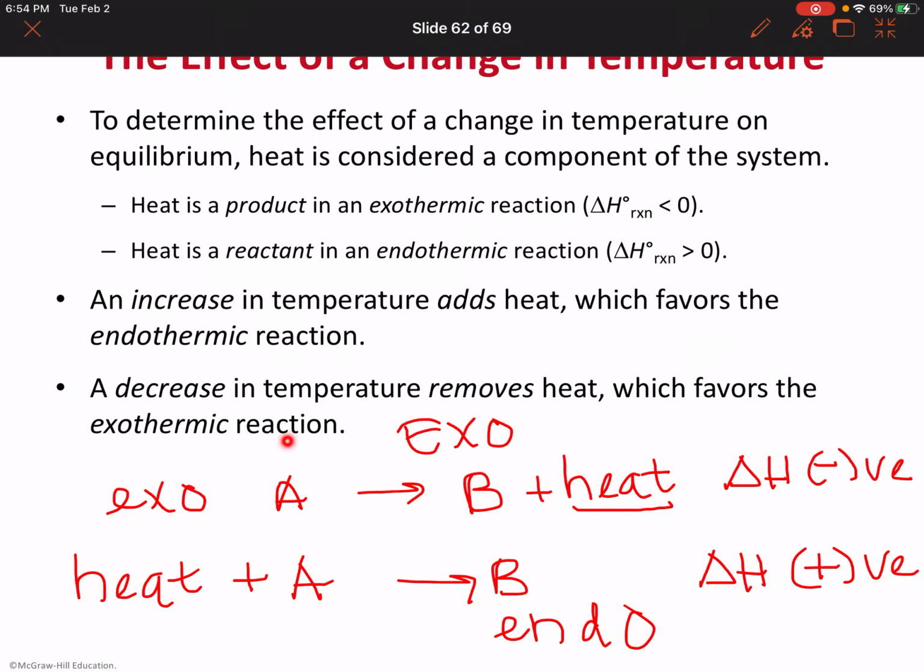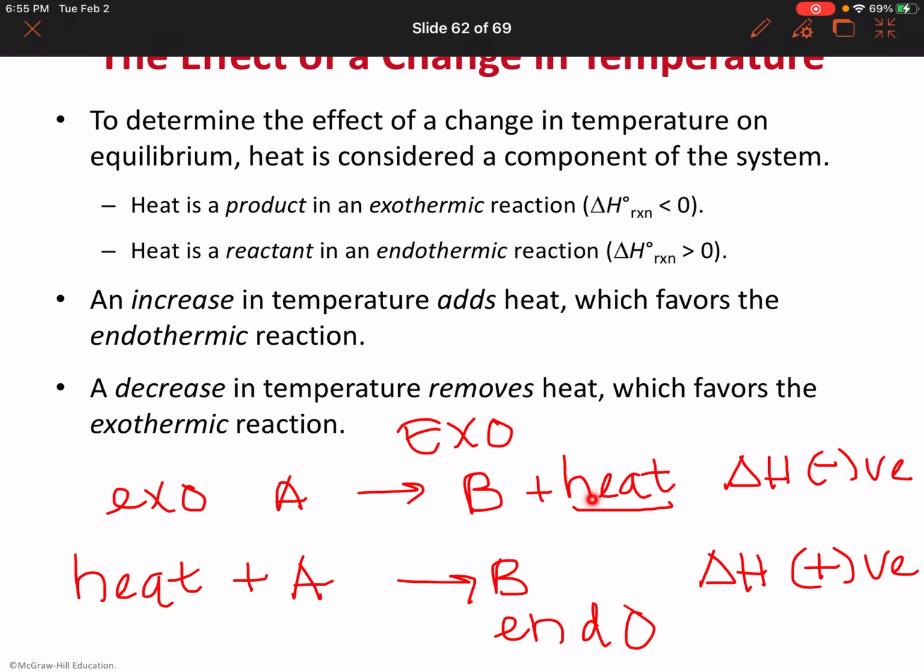And a decrease in temperature means you remove heat, so the reaction will proceed to make more of the heat that is being lost. That favors the exothermic reaction.